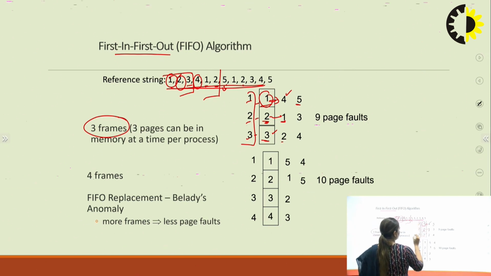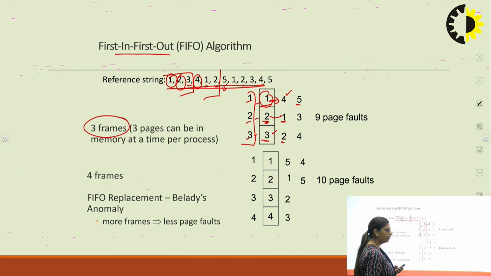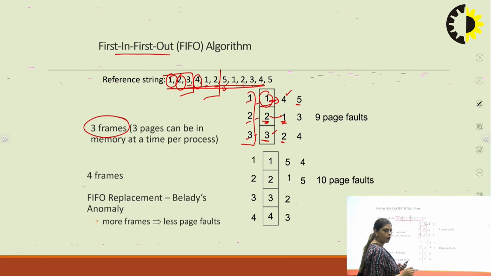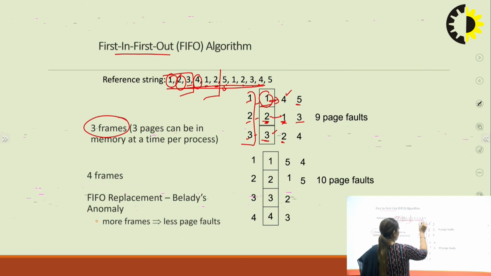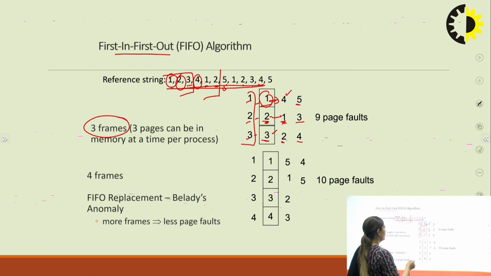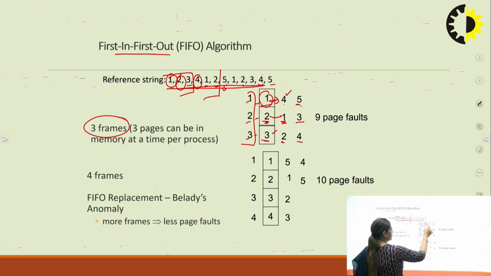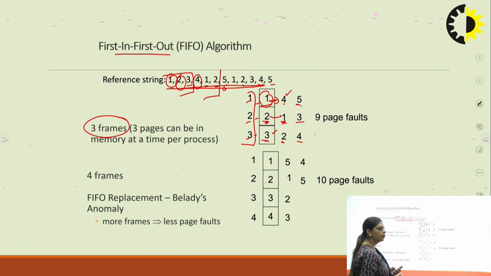Then 2 is already there in the memory, right? Then 3 will replace 1 because 1 is the oldest here, right? So 3 will come here. Then comes 4, which will replace 2 because 2 is oldest now. Now the last one is 5, which will replace 4 because this one has become the oldest now, right?